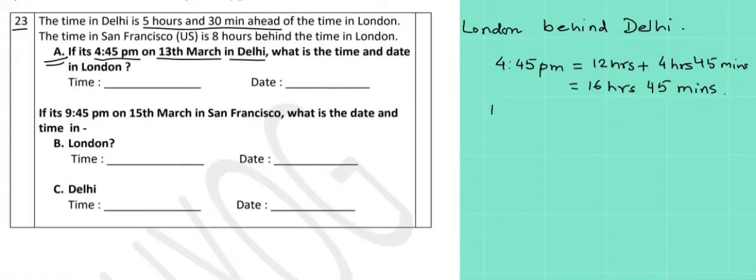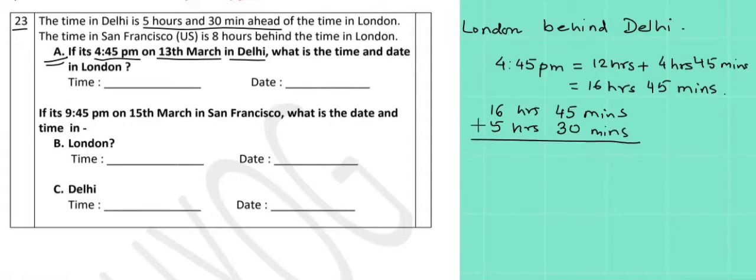Now from 16 hours 45 minutes we subtract 5 hours 30 minutes to get the time in London.